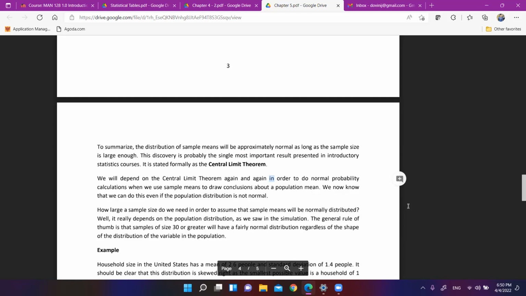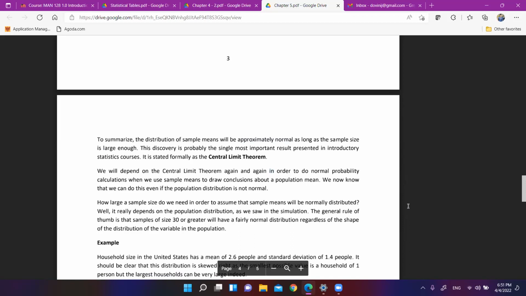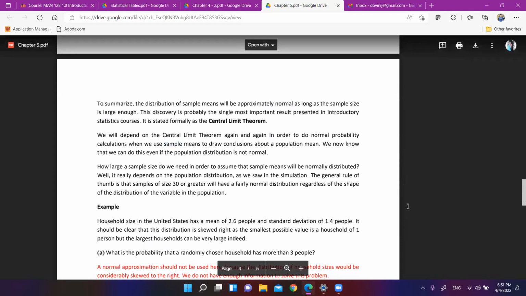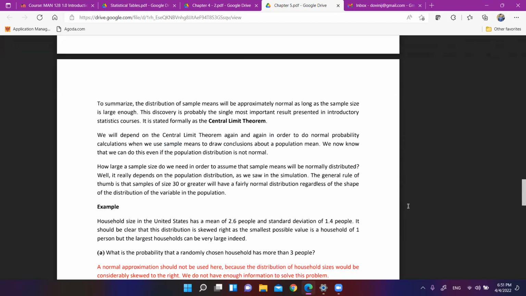Means එකතු කරලා දෙන distribution එක converge වෙනවා for normality, right? This discusses the probability, the single most important result represented in introductory statistics courses. It's stated formally as the central limit theorem.